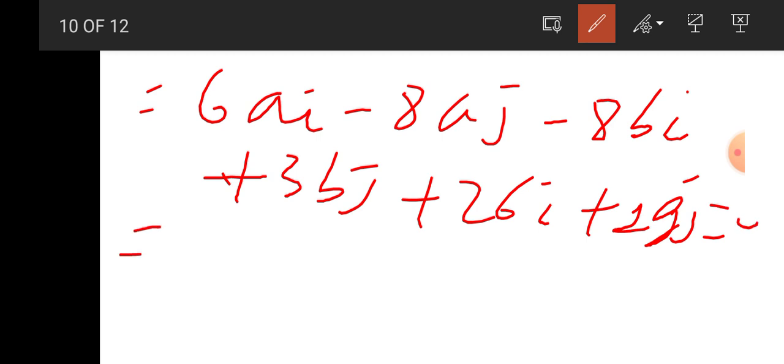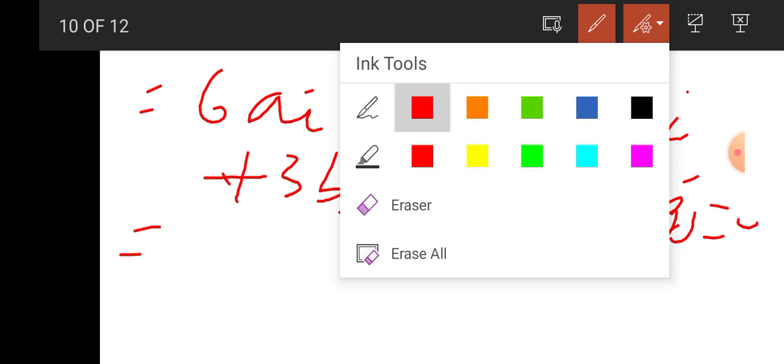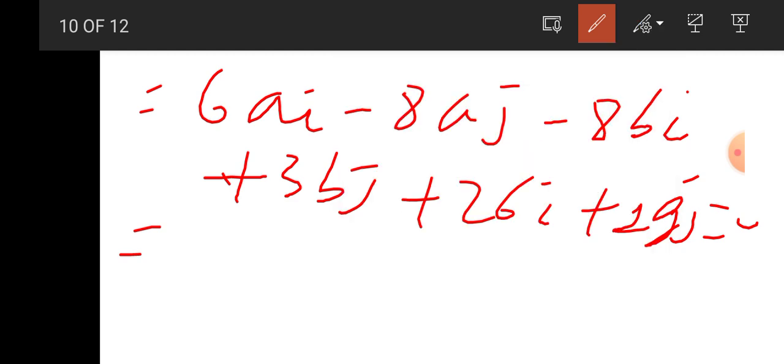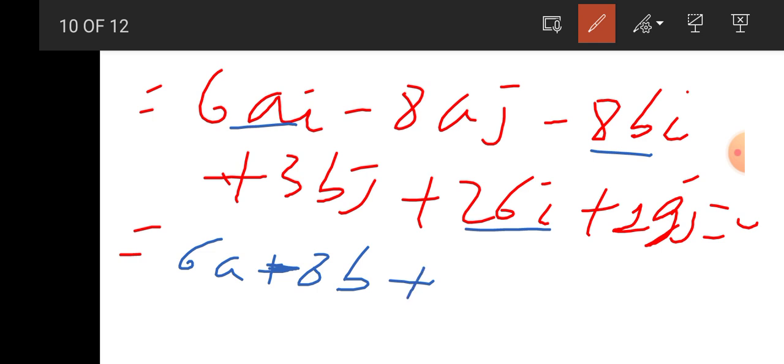So this is equal to, common እናወጣለን I የሆነውን ማለት ነው. This is I, this is I and this is I. ስለዚህ 6A plus minus 8B plus 26 common የሆነው ማን ነው?